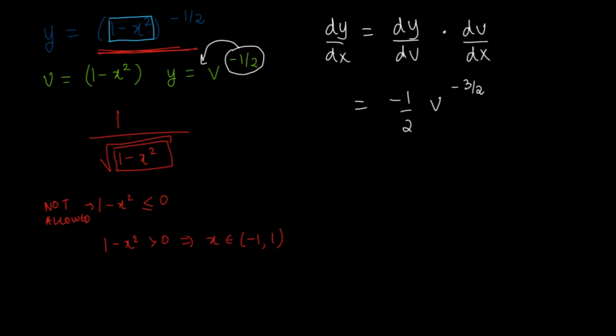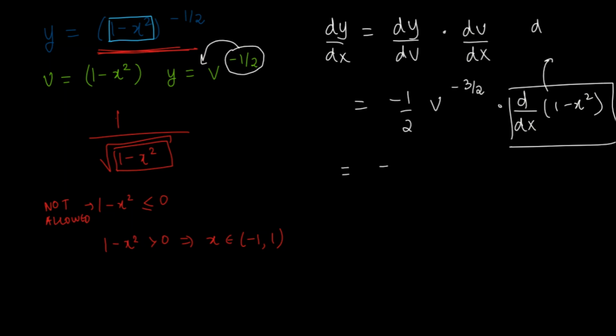And then dv over dx, the derivative of 1 minus x squared, this you can write as d over dx of 1 minus d over dx of x squared. The derivative of 1 is just equal to 0, minus the derivative of x squared, which is 2x.